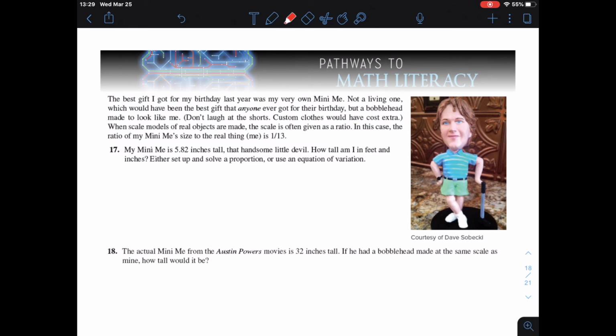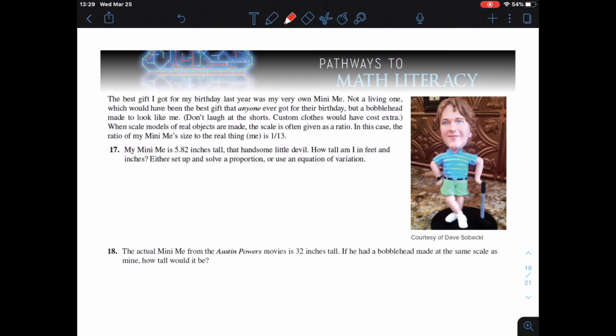We're going to get a birthday gift, so this is actually one of the authors here. He got a miniature bobblehead of himself for some reason. We're told that the ratio of the actual size of the person to this bobblehead is 1/13.